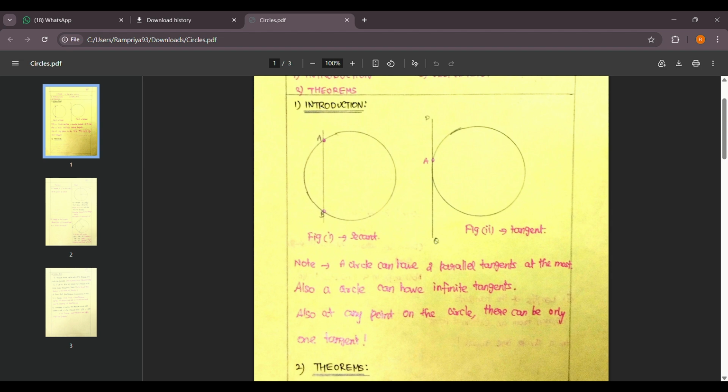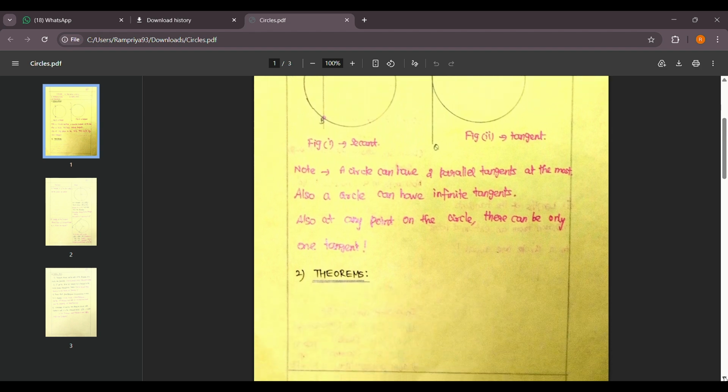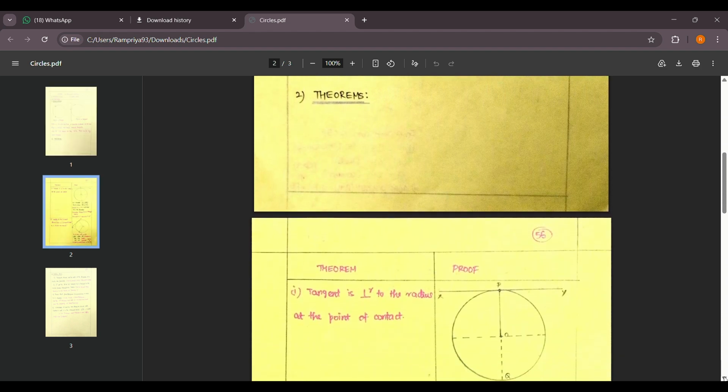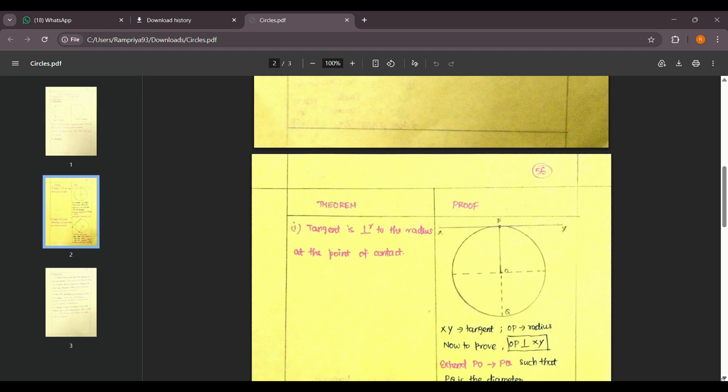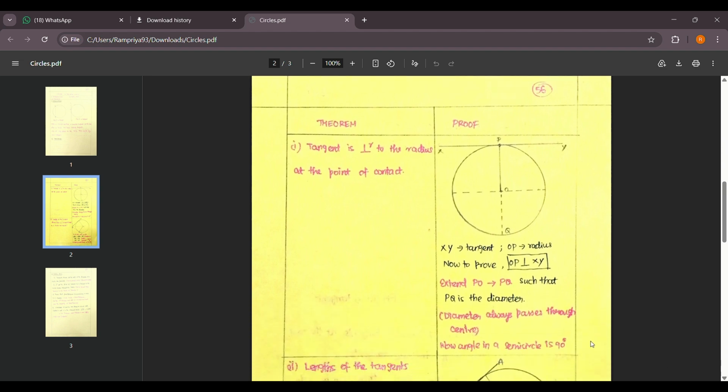So these are the basics of circles. Next are the theorems, two very important theorems. First is: the tangent is perpendicular to the radius at the point of contact. I have proved it in a very simple way. XY here is the tangent and OP and OQ are the radius. So see carefully, XY is a tangent, OP is the radius.